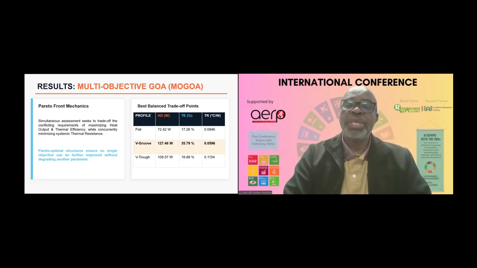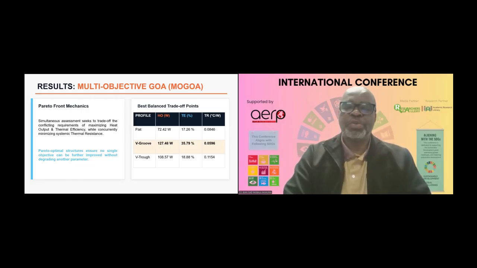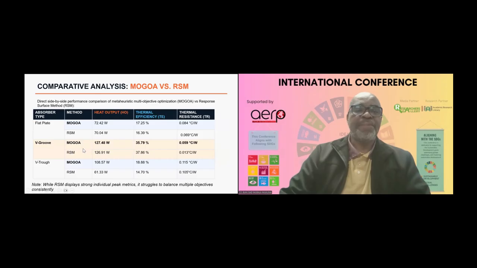So we compare here the multi-objective Grasshopper with the RSM, the response surface methods. As we can see now, by comparing the 3, the V groove is still performing better.